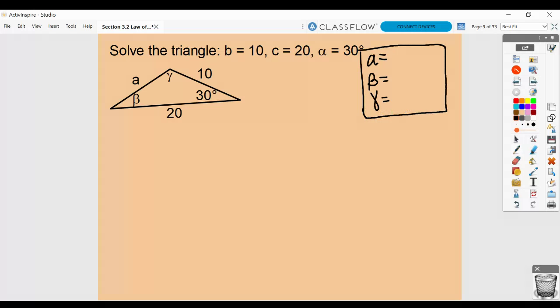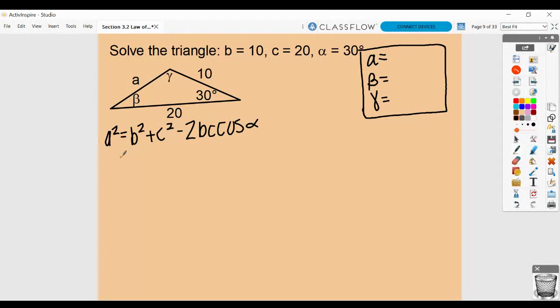Okay, if you only have one side to solve for, I would solve for side A first. So if you look at your formula, you have A squared equals B squared plus C squared minus 2 times BC times cosine of alpha.